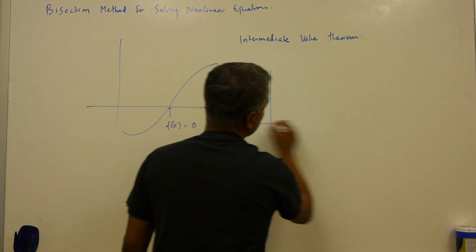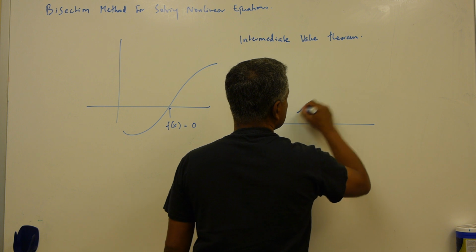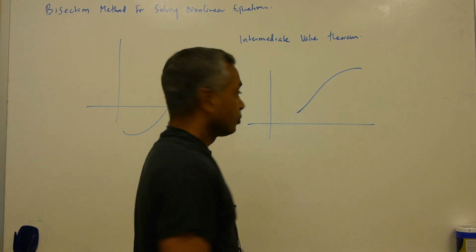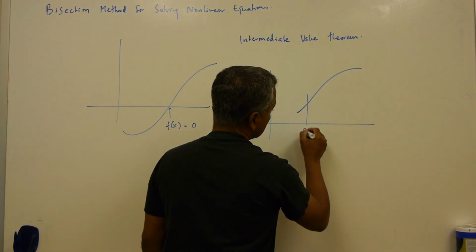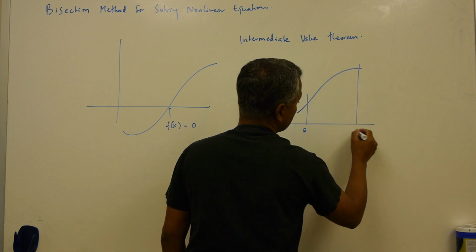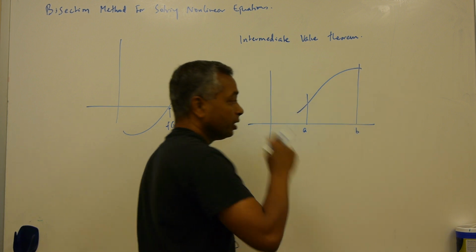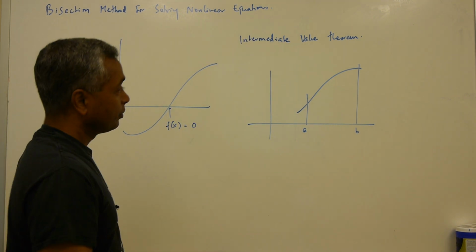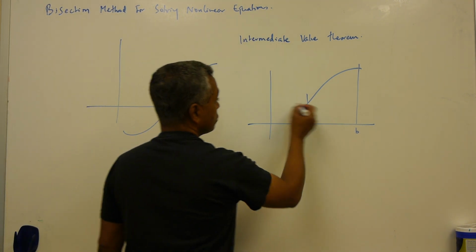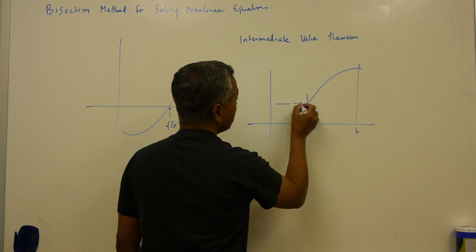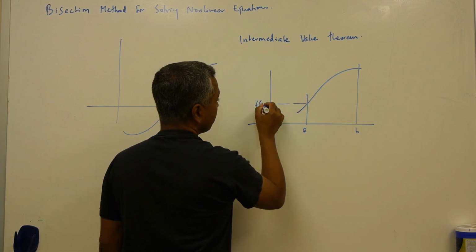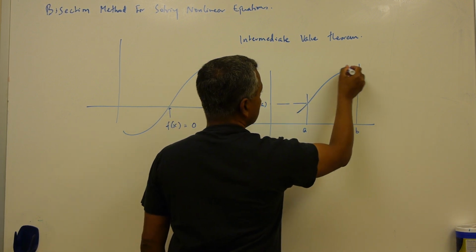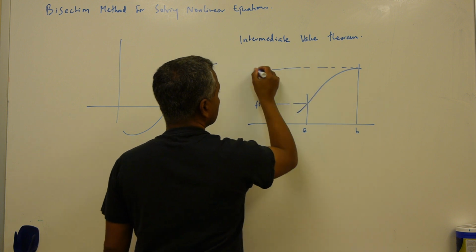So let's say you have a function. Let's say it goes like this. And let's say you have two values, x equals a and x equals b. So I'm interested in this function over the interval a to b. Okay? So clearly at this particular value of x, you have the function value fa. At x equals b, you have the function value fb.